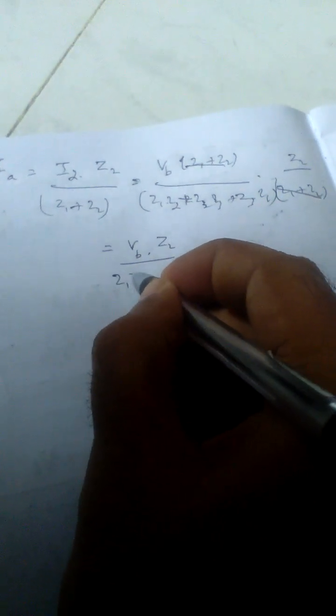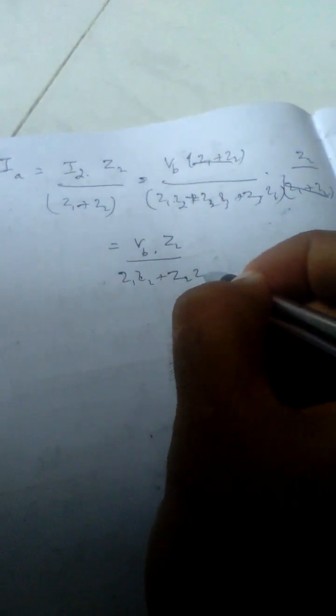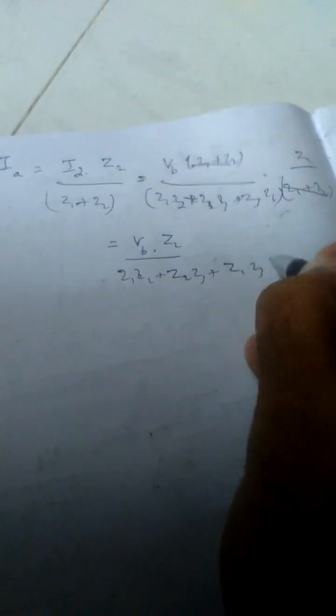This will get cancelled with this one, leaving VB into Z2 by Z1 Z2 plus Z2 Z3 plus Z1 Z3.